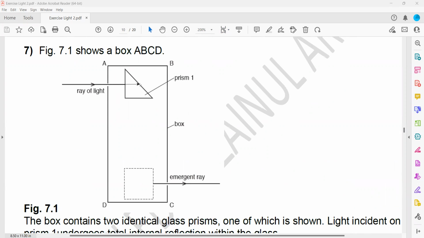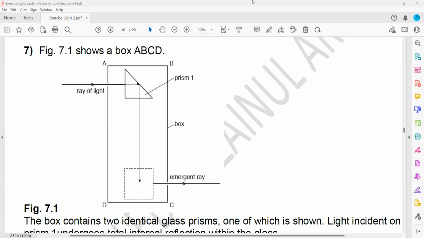But this angle is more than the critical angle, so it will reflect. What should happen to the light? It should refract or travel at 90 degrees, or total internal reflection. But they mentioned that in the first prism there's total internal reflection, so it reflects back.